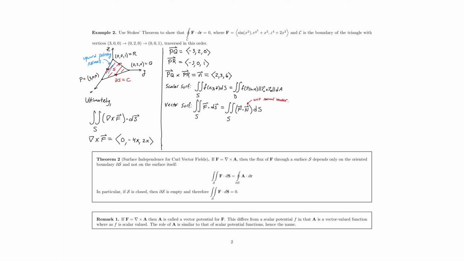So what do we know? This right here is some scalar function. This is a scalar quantity now because the dot product of two vectors is a scalar. So what we're integrating here is now a scalar, and we can think of this as the same as the scalar integral. If we were to compute this, we would take our integrand and replace it with F of our parameterization.